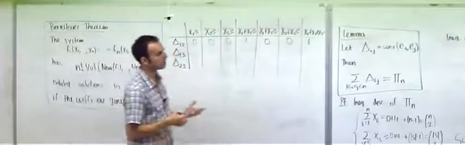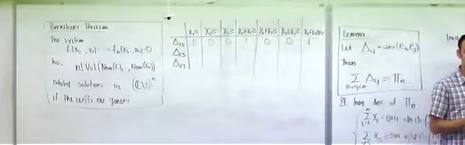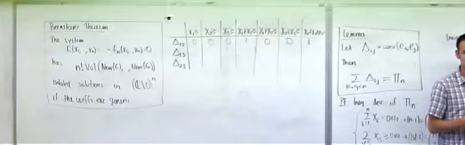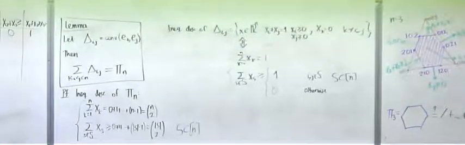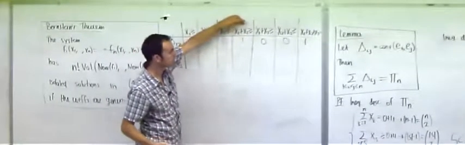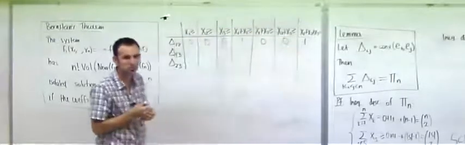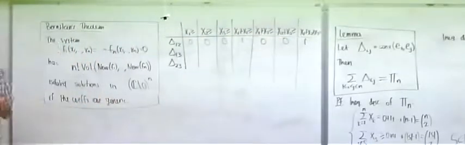That's what this is saying here. It's saying that the sum of the variables in S is greater than or equal to 1 if S contains i and j. Otherwise, it's greater than or equal to 0. So if i and j are 1 and 2, then all of these inequalities say something is bigger than or equal to 0, except this one, which is the only one that contains both 1 and 2. These are zeros, and this is a 1. Okay. You guys understand what is this table that I'm making?